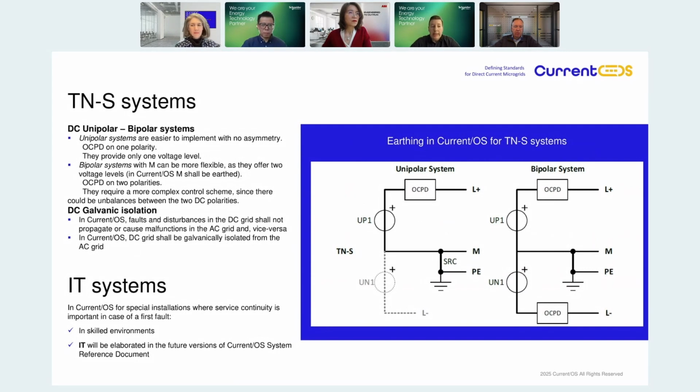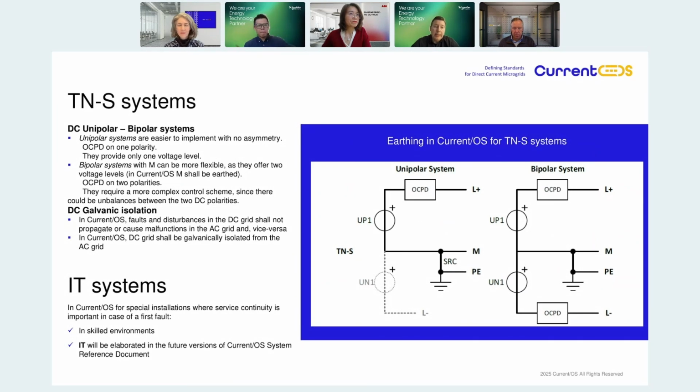In current OS, we recommend that faults and disturbances on DC side don't affect the AC side and vice versa. For that reason, we recommend to use an isolated converter, and so the system shall be galvanically isolated from the AC grid, and also if we have the midpoint, it shall be grounded.